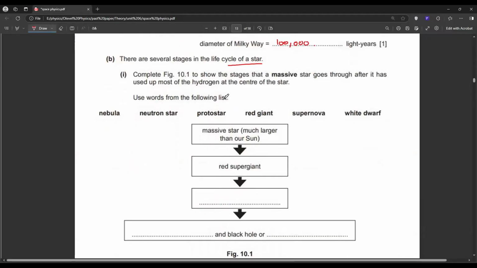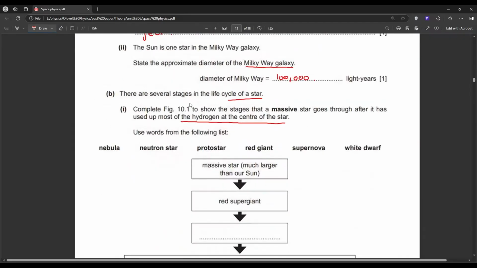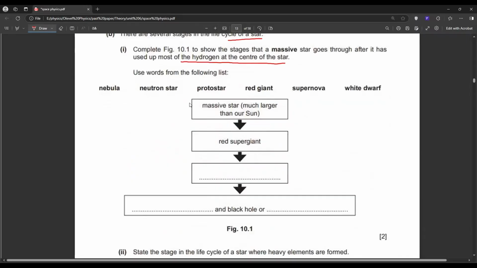There are several stages in the life cycle of a star. Complete figure 10.1 to show the stages that a massive star goes through after it has used up most of the hydrogen at the center of the star. Perfect. So, what will happen if you have used most of the hydrogen at the center? This becomes a red supergiant. Perfect.